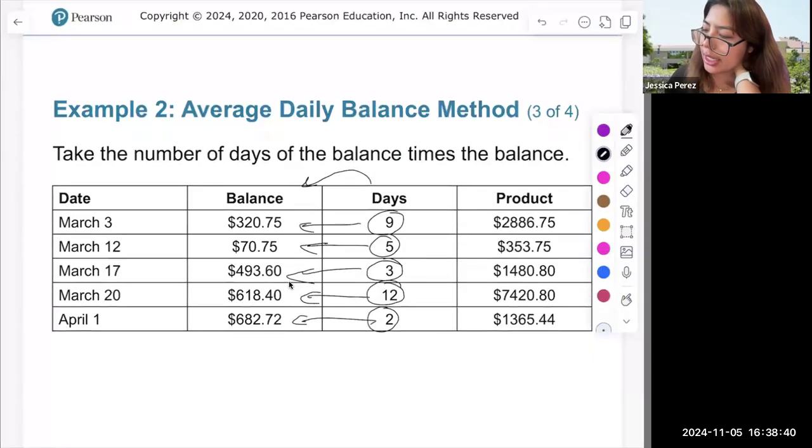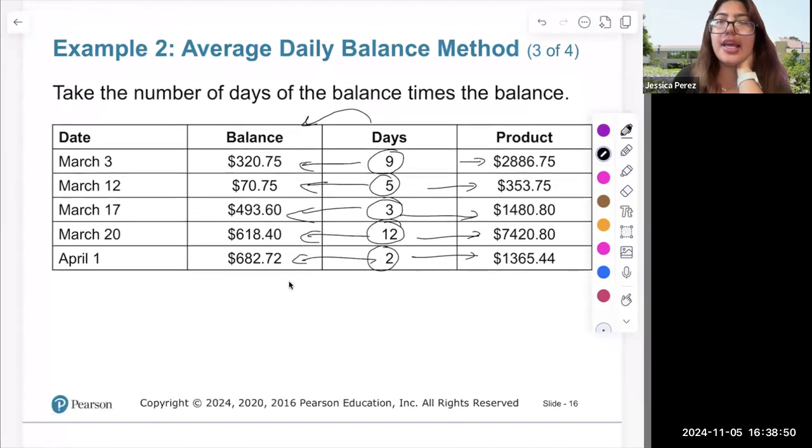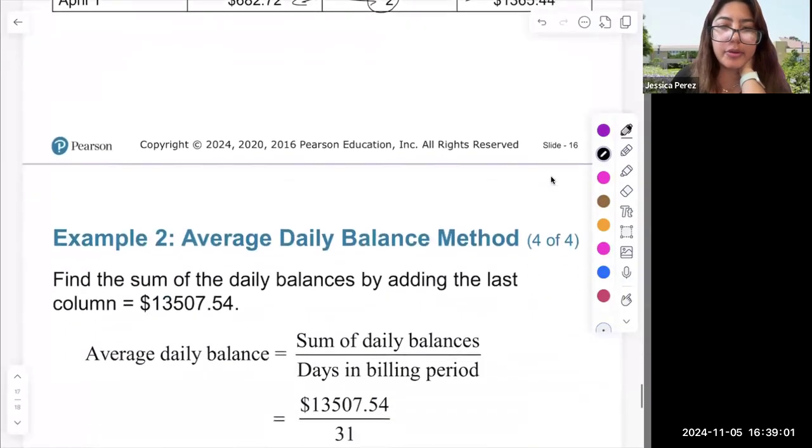When we do 9 times the balance, there's a product. 5 times 70.5, there's a product, and so on for each. This is how we calculate the average daily balance: we take the number of days times the balance, get each product, and we get our table.